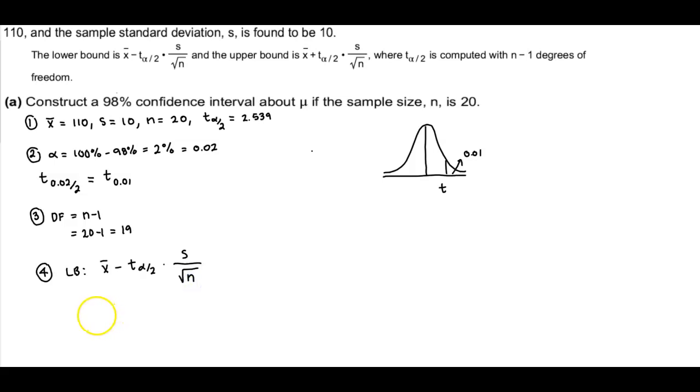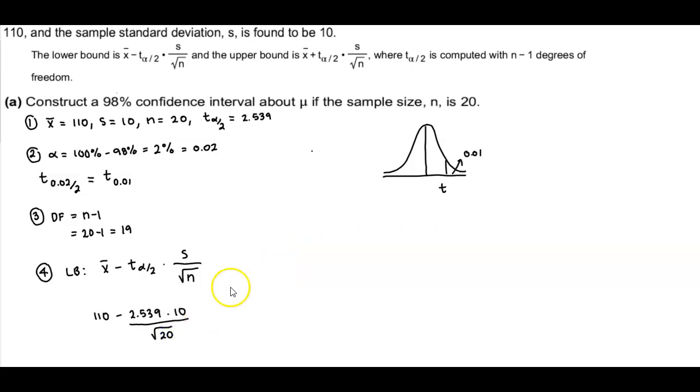So we have 110 minus the critical value of 2.539, multiplied by the standard deviation, which is 10, divided by the square root of the sample size, which is 20.